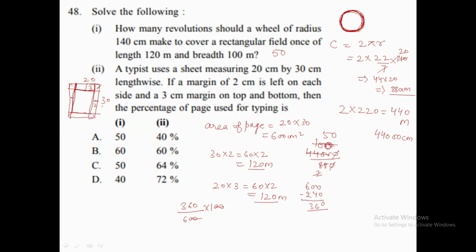According to that we will solve it. So that will be 3 into 3. When we are doing all the things, we are getting 64% only. So that is option number C, 50 and 64%. So that will be the correct answer.